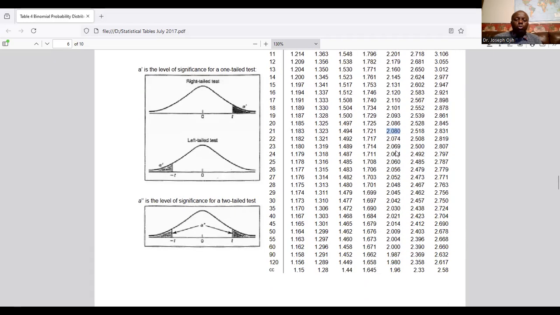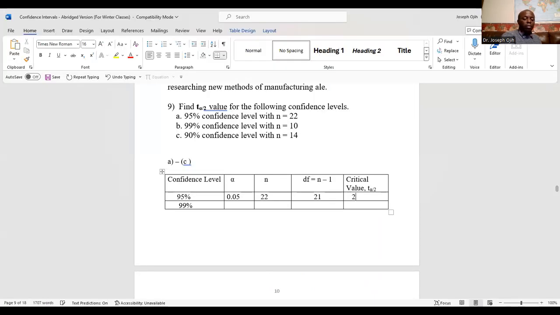So that'll be 2.080. Let me write it down. You can write it down right here. 2.080 is the critical value.